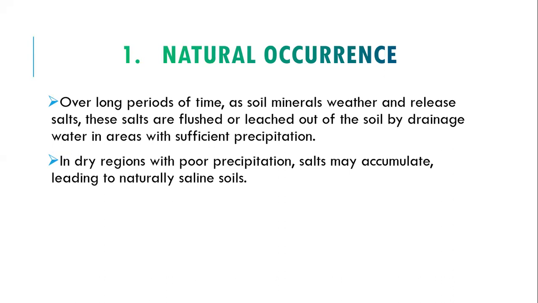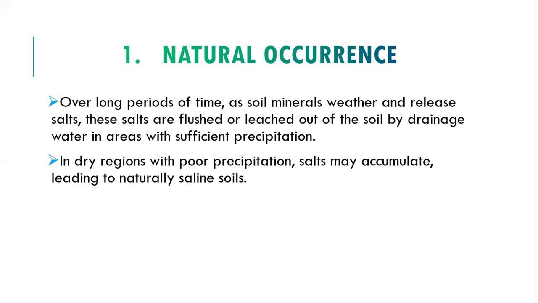Now, over long periods of time, as soil minerals weather and release salts, these salts are leached out of the soil by drainage water in areas with sufficient precipitation. So, for a long period of time, the minerals that are deposited by weathering release salts.